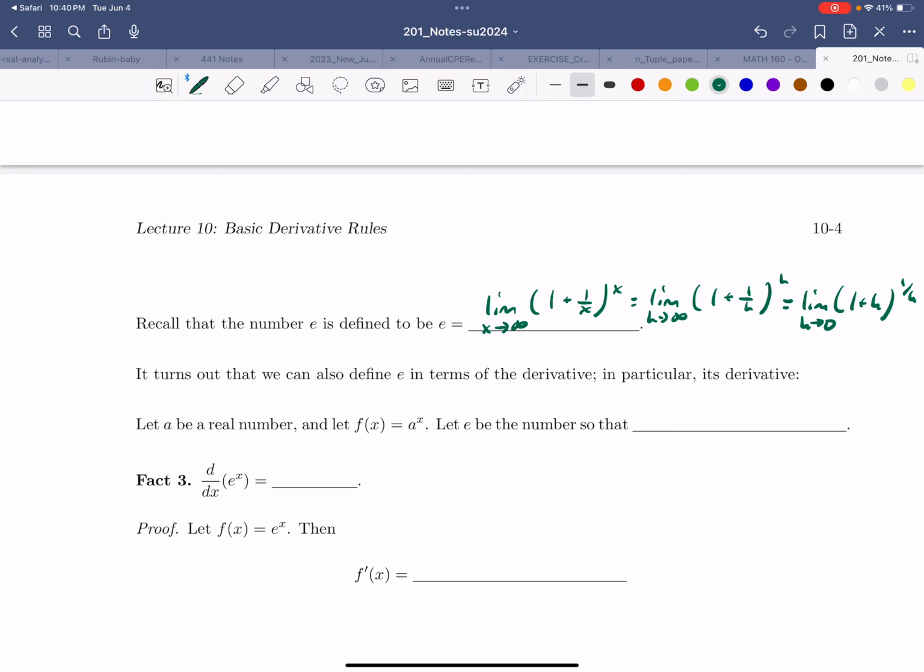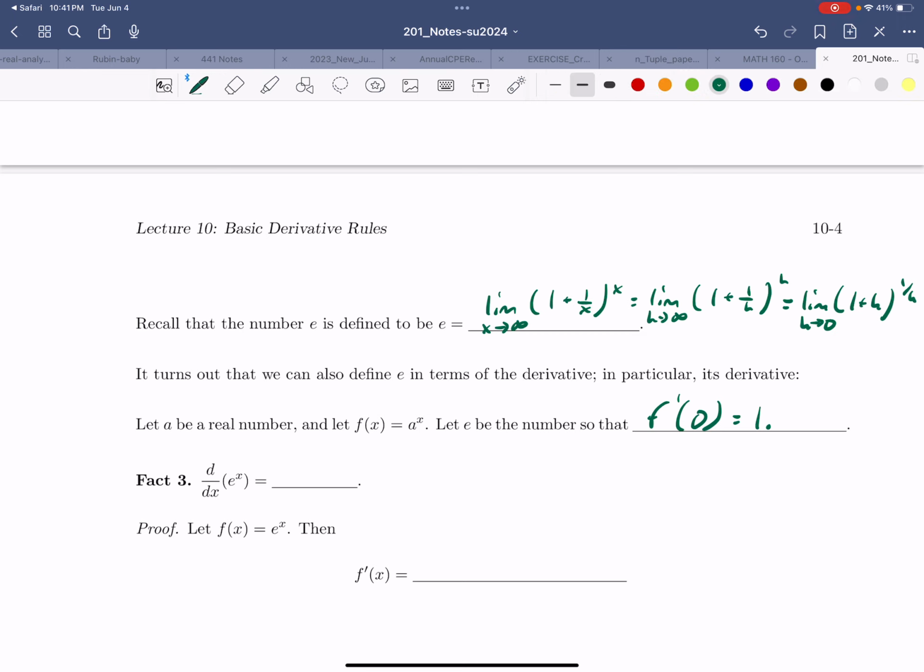It turns out you can define e as follows. Let a be a real number and let f of x equal a to the x. e is the number so that f prime of 0 equals 1. Again, this is an equivalent way to define it.